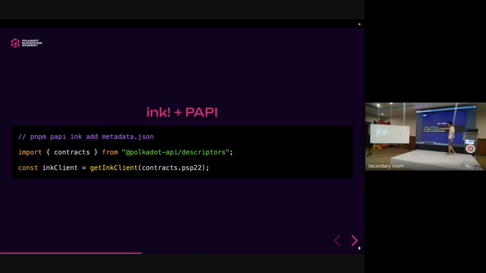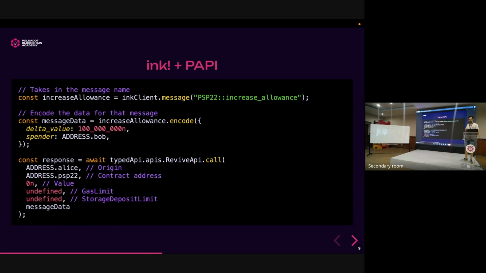So you get the Ink client with that, and now this Ink client will help you with type safety and all of that, to encode and decode the messages. So this is a bit messy, but it's what we can do at this level, right? Because we can just encode and decode messages. So in this case, what we want to do is a dry run of increase allowance of PSP22.